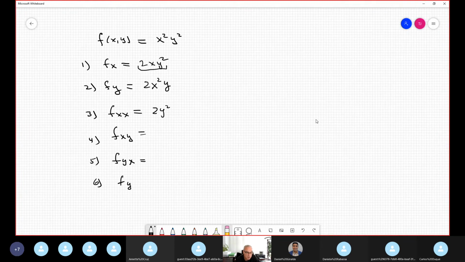It's fyy. Sorry. This is 2x squared, right? And the partial derivative xy is 4xy, no? And this is exactly the same, because when you differentiate, for example, this with respect to y, it is 4xy, decreasing one.